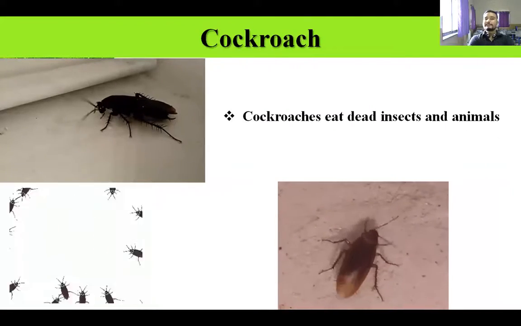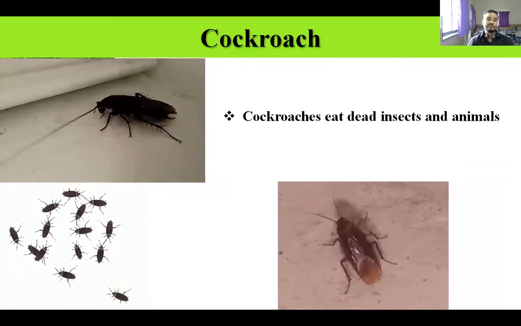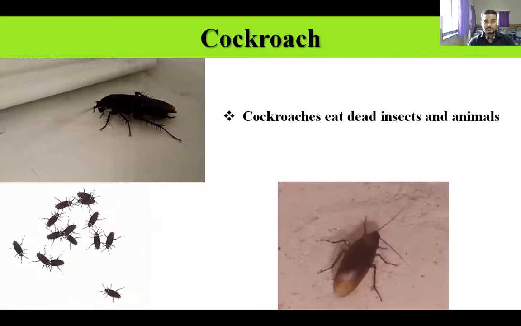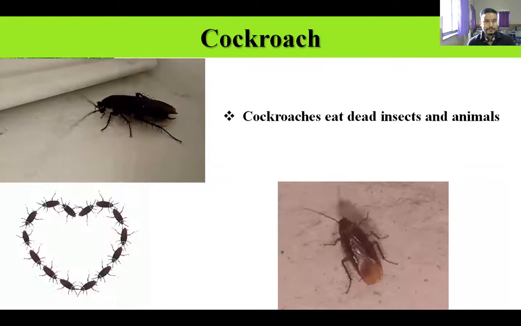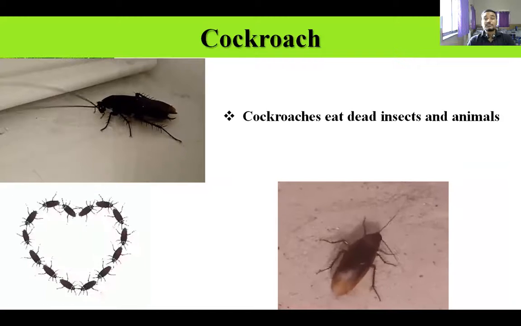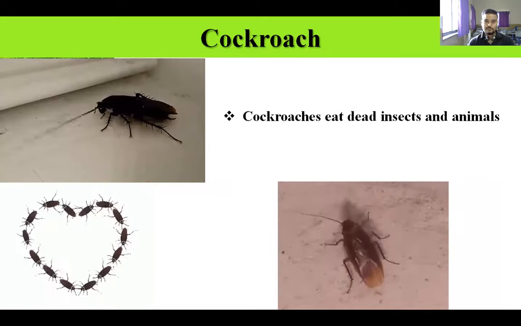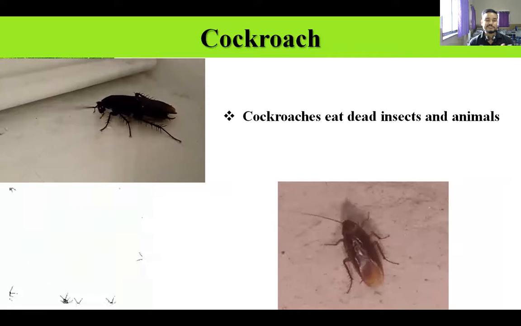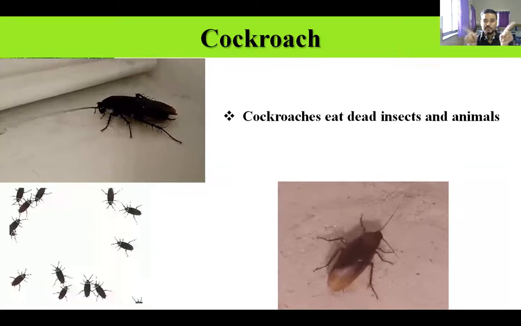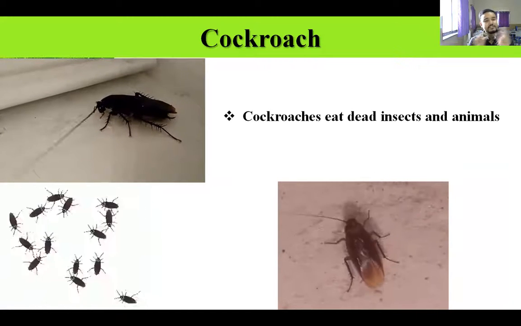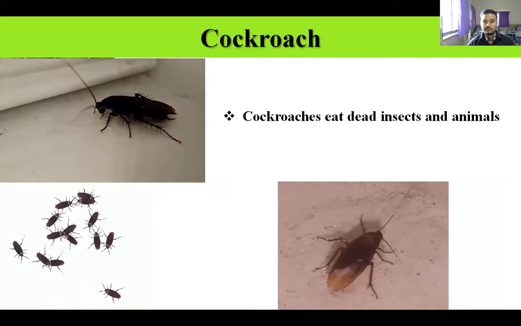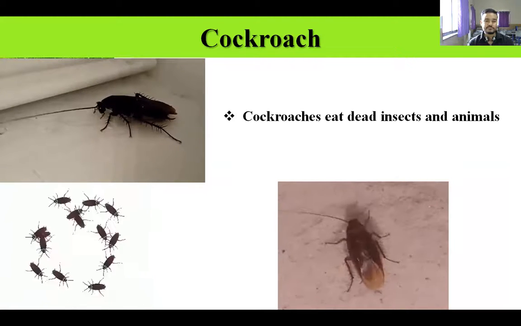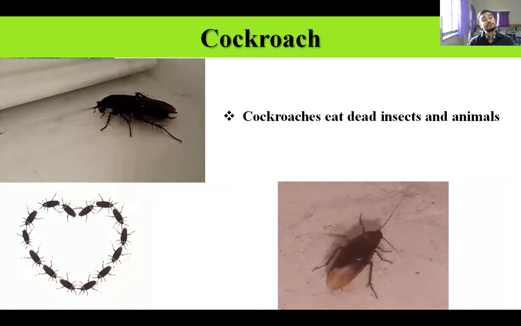Now, this might be the favorite insect of many of you, right? It is not mine, but maybe yours. So this is cockroach, and we all are afraid of it, right? But it is just an insect which has a huge pair of antennae, then 3 pairs of legs, 2 pairs of wings, as all insects have. But how is it useful to us?